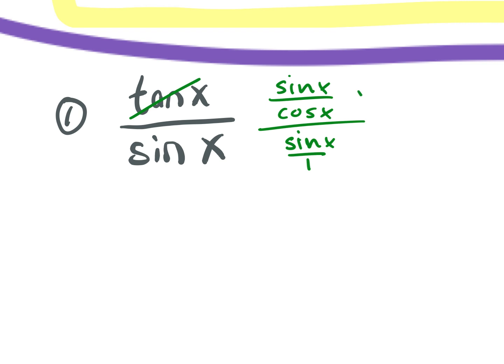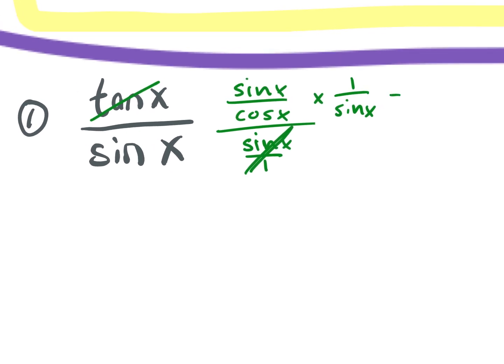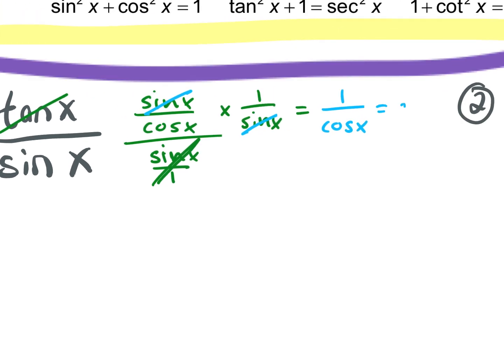So when we flip it, it's going to flip to 1 over sine. Could I simplify this? The sine on top cancels out with the sine on the bottom. So we're left with 1 over cosine. Can we simplify this anymore? What's 1 over cosine? Secant. So our answer would be secant.